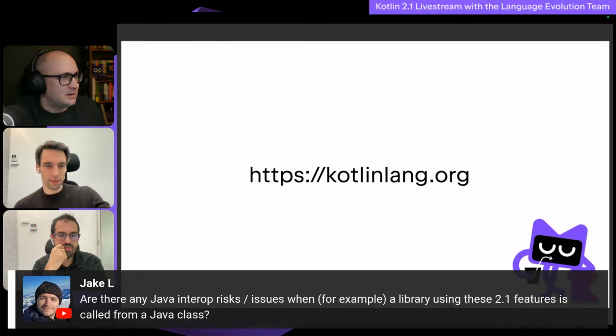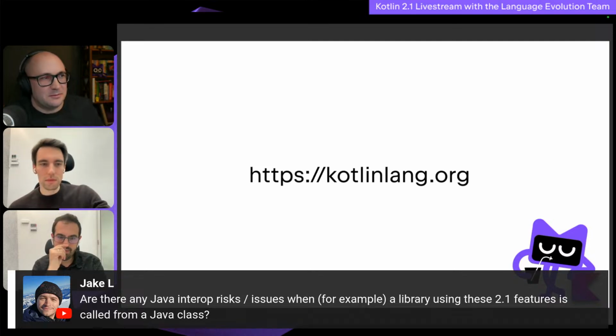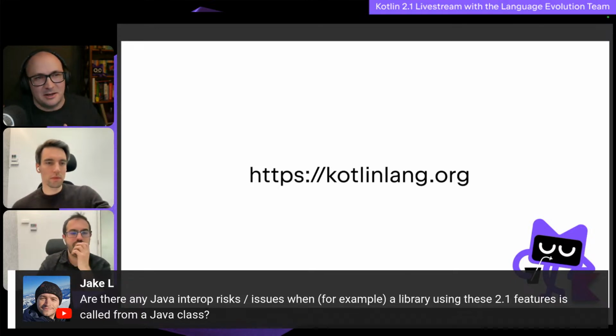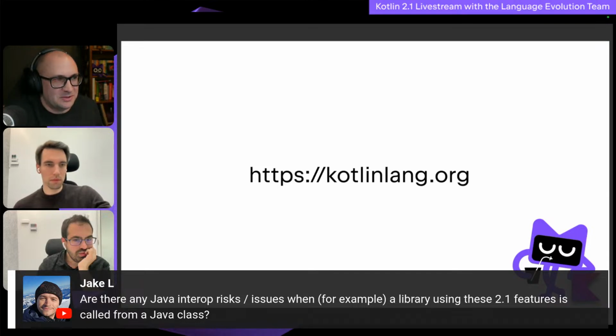So, are there any Java interop risks or issues when a library is using those 2.1 features, code from a Java class, or, I'm adding from myself, from some other Kotlin program that doesn't use those features?